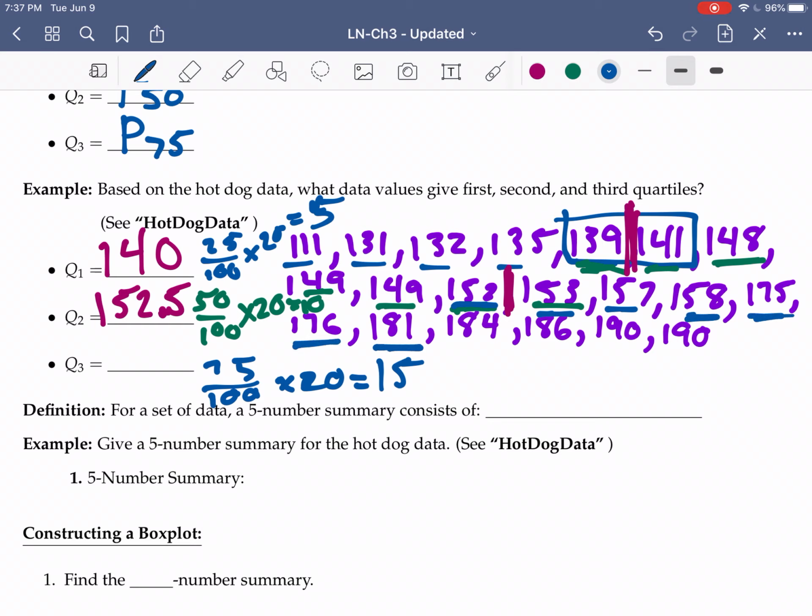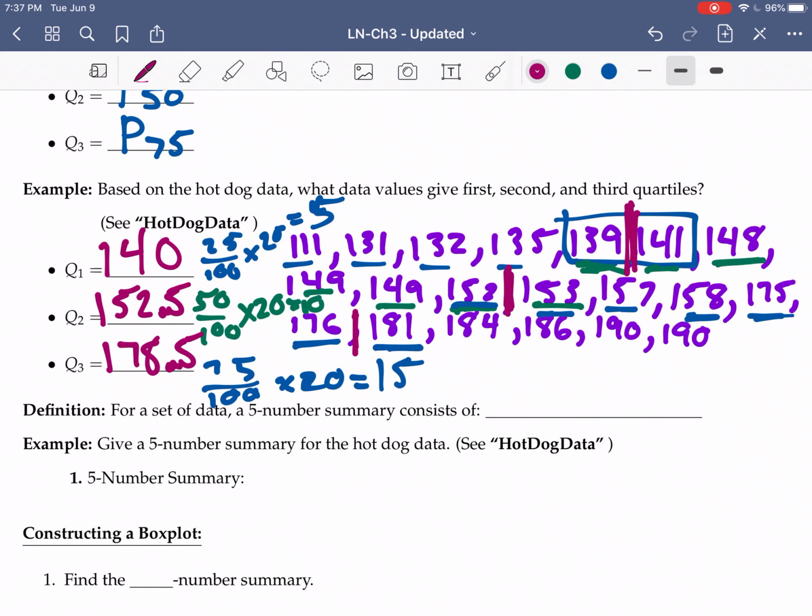So halfway between 176 and 181, and that value there is 178.5. And so those are our quartiles, Q1, Q2, and Q3.